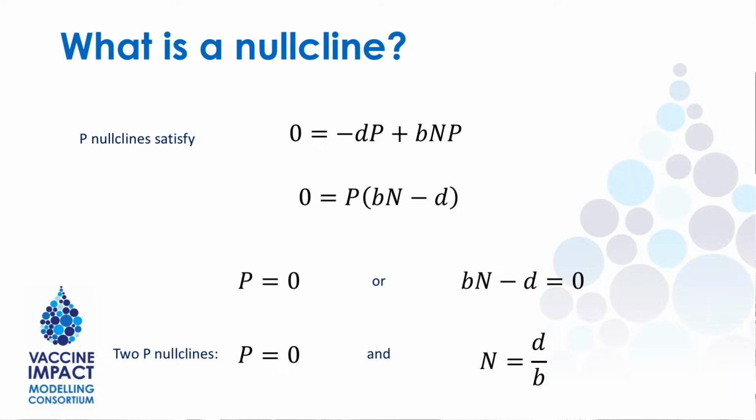If p is not 0, then this whole bracket has to be 0, and that only happens when n is equal to d over b. Okay. So we're doing the same sort of steps of rearranging and solving here. And this might look familiar, as you can probably imagine, where the nullclines intersect, that means both of our populations' rate of change is 0, and we've got an equilibrium point.